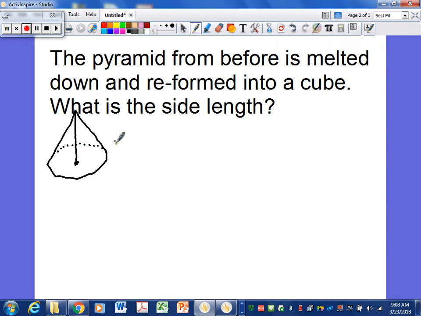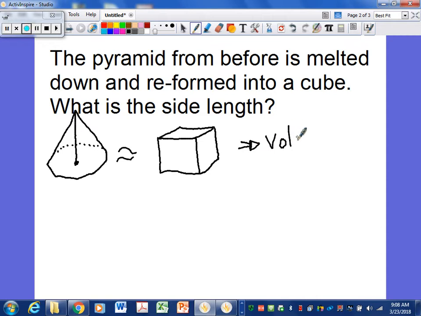And it got melted down and turned into a cube. So we're assuming that all of the material, maybe it was made of plastic or even wax, maybe a wax candle or something, got melted down and formed into a cube. So the thing that stays the same is the volume. The volume of the cube is the same as the volume of the pyramid.